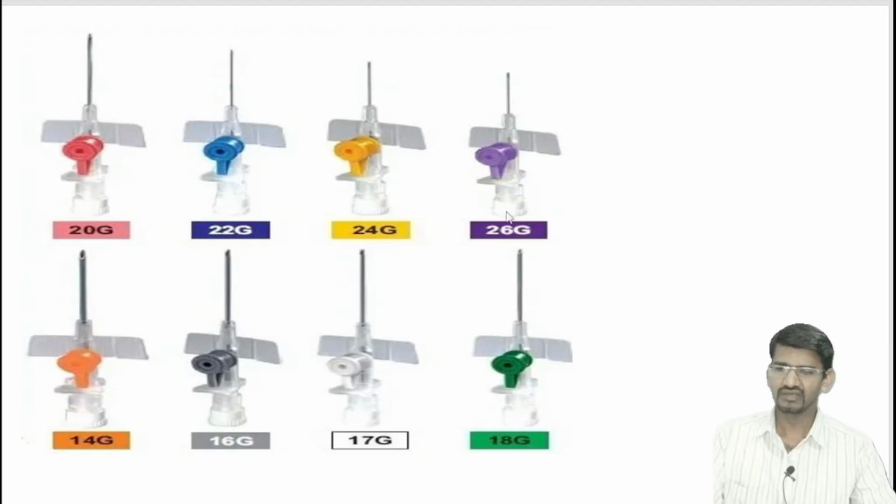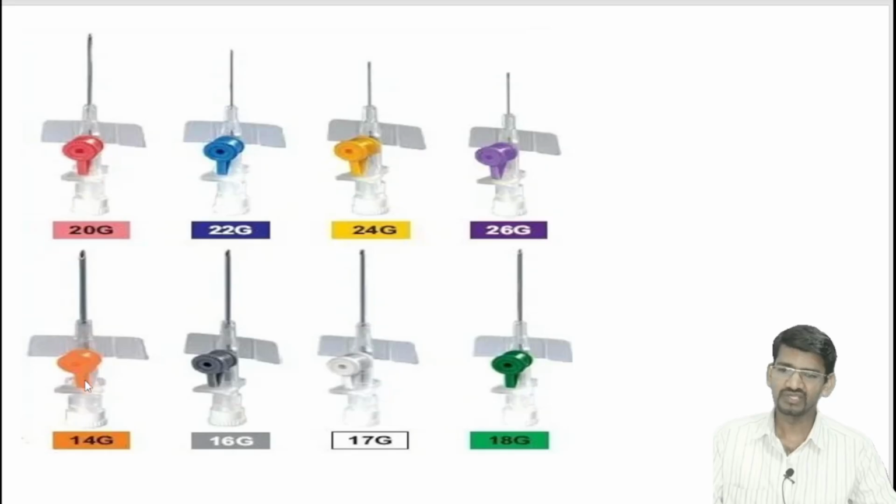Now let us see the different color codes for the different sizes of cannula. As I told, the size may vary between 14 and 26. G stands for gauge.